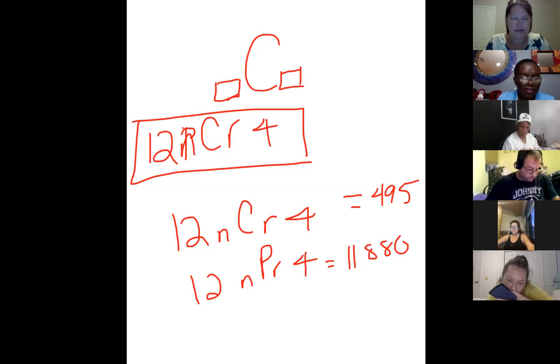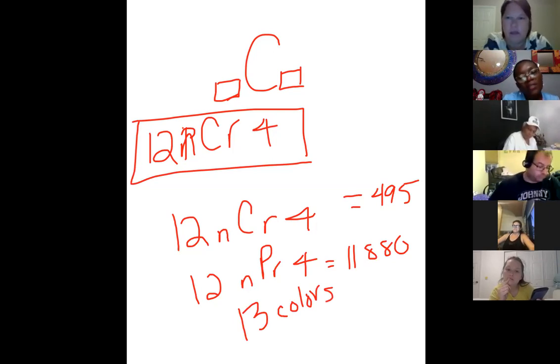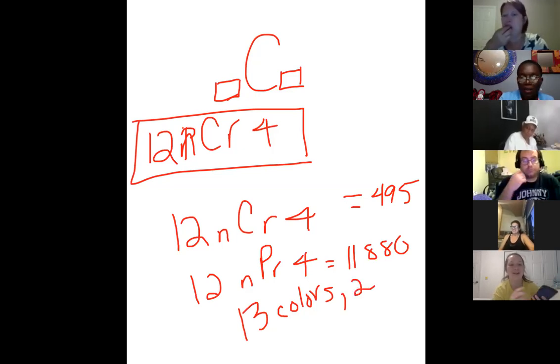Okay, number 6. A person can order a new car with a choice of 13 colors, and then with or without air conditioning. I don't know what sense that makes, with or without air conditioning. Then it says with or without transmission, with or without power windows, with or without a CD player. Okay, you know what?